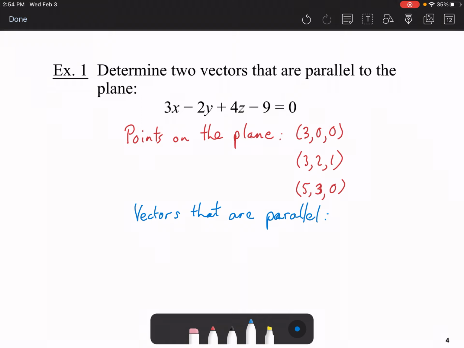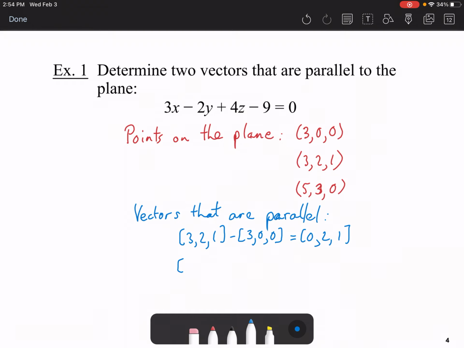Now to get two vectors that are parallel, all you have to do is subtract 2 points from each other. So let's take 3, 2, 1, and subtract the vector 3, 0, 0, and you get the vector 0, 2, 1. This is parallel to the plane.